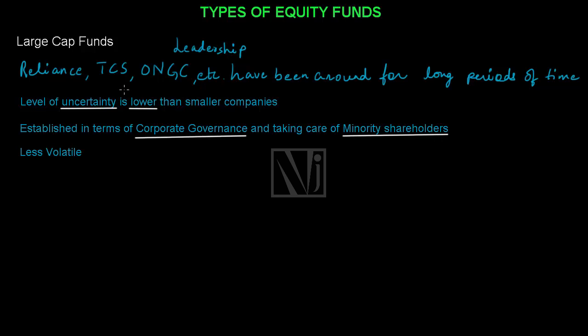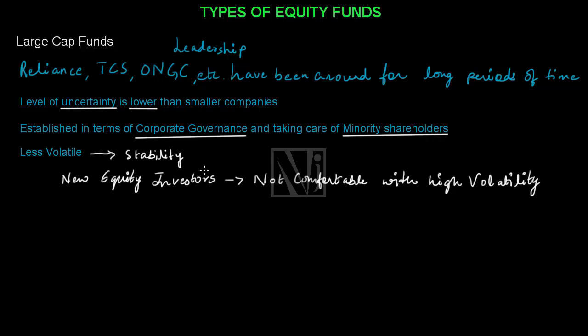As a result, the stocks of these companies are less volatile, hence giving stability to the investors. So the funds investing in large cap stocks are highly advisable for new equity investors who are looking forward to participating in equities but are not comfortable with high volatility.